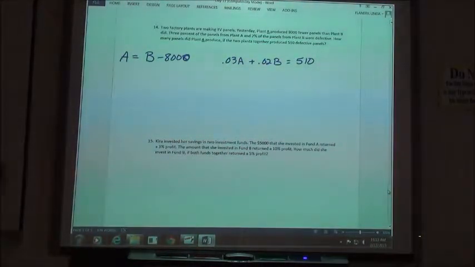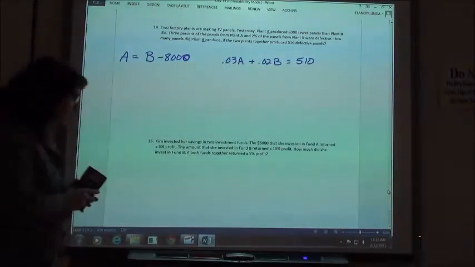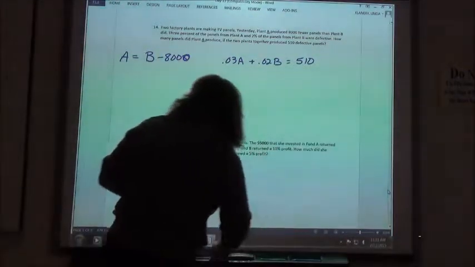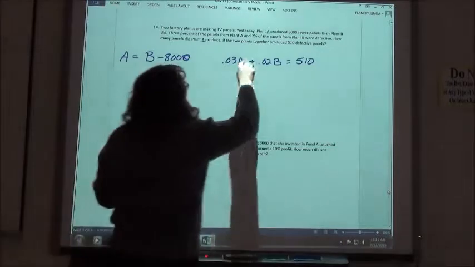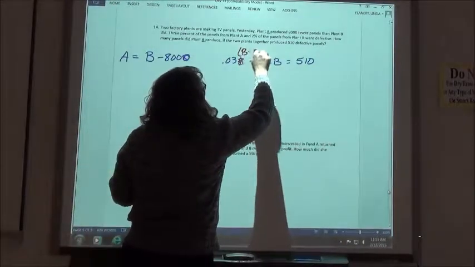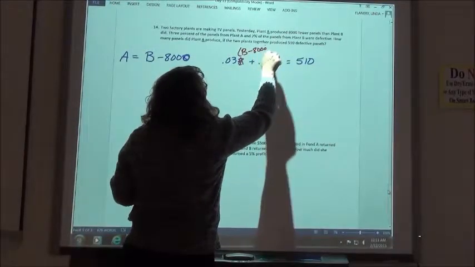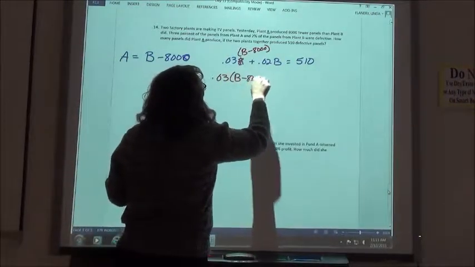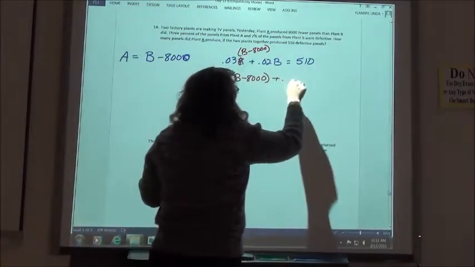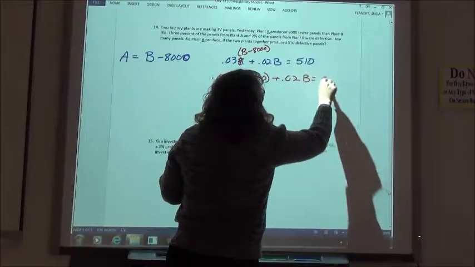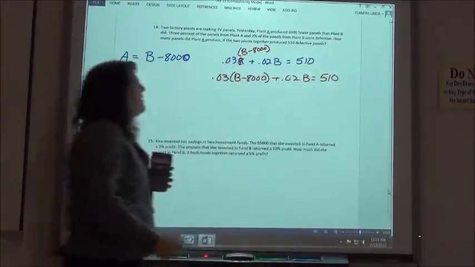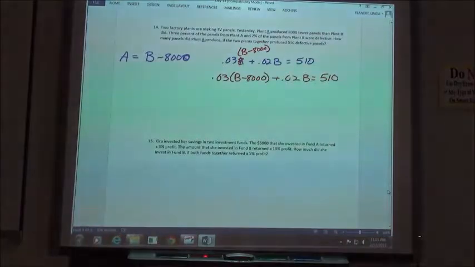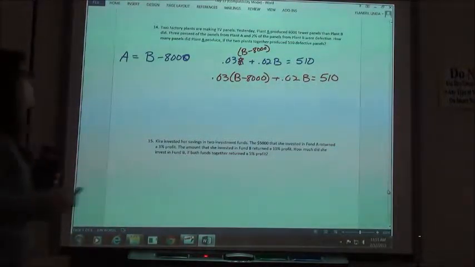So again on this one we're going to solve by substitution. We're going to replace the A with B minus 8,000. So 0.03 times B minus 8,000 plus 0.02B equals my 510. Here I have to use my distributive property when I multiply that out.